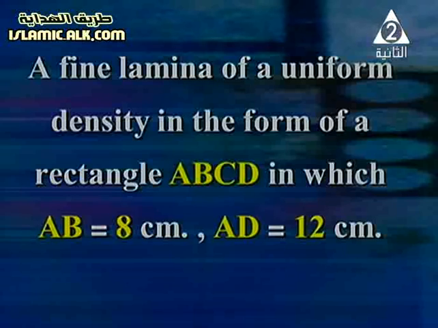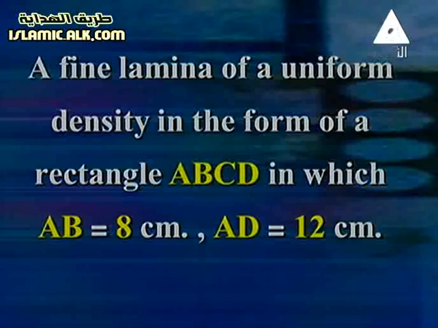Its center is the intersection of a rectangle's diagonals. As a rectangle, its center of gravity is the intersection point of its diagonals. If we have ABCD as a rectangle, the center of gravity lies on the intersection point of the two diagonals AC and BD.